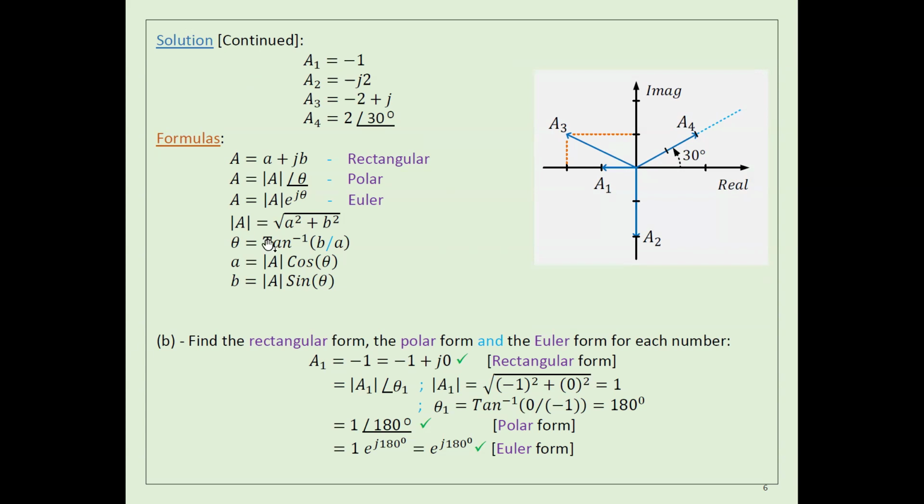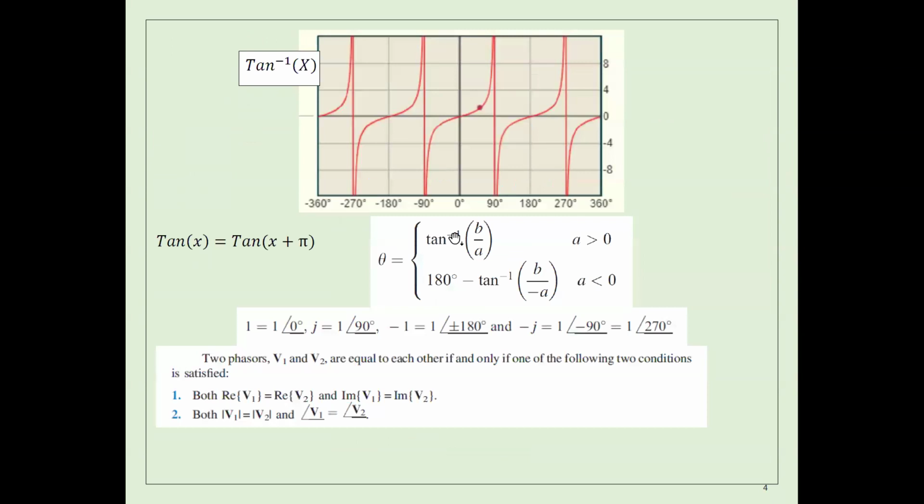Now for the inverse tan, it is 0 divided by negative 1. If you go to the calculator and ask for tan inverse of 0, it's not going to give you 180, by the way. I think it will give you 0. That's the part I told you is tricky. If you use the calculator, it will give you 0. That's why you have to use this formula here.